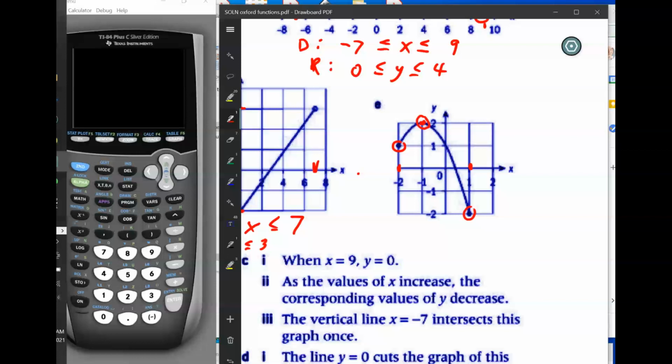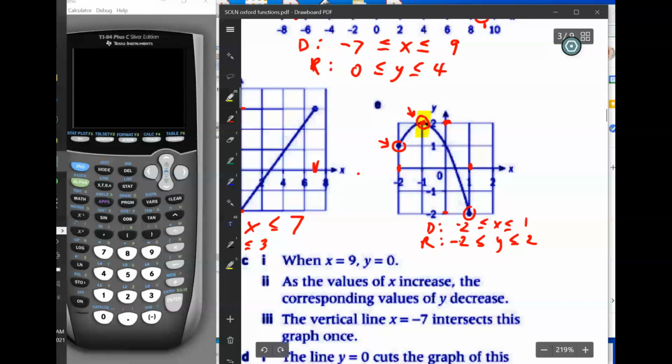The highest point is going to be here, and the lowest point is going to be here. You notice the highest point doesn't correspond to this endpoint, it corresponds to the maximum. So the range is going to vary from -2, which is the lowest point, to +2, which is the highest point. And the domain is the x value, and it ranges from -2 to +1. Okay, so that's a little bit tricky because of this point here.